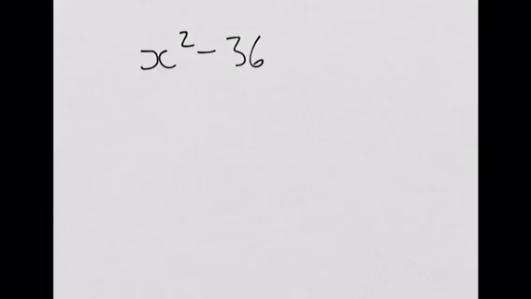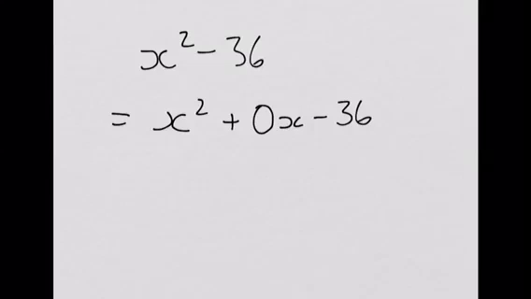Okay, finally we'll look at example 4d, which is x squared minus 36. Now, this is actually x squared plus 0x minus 36.